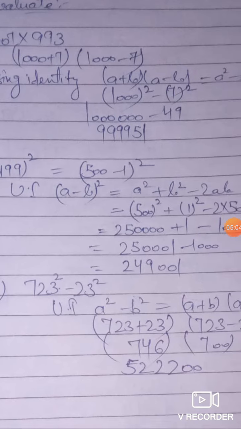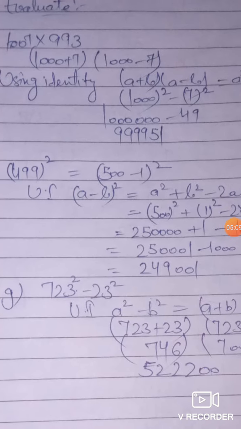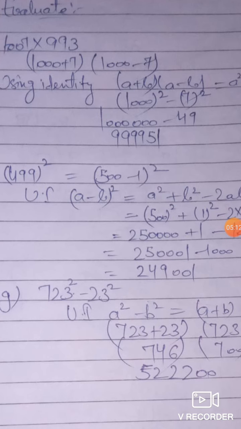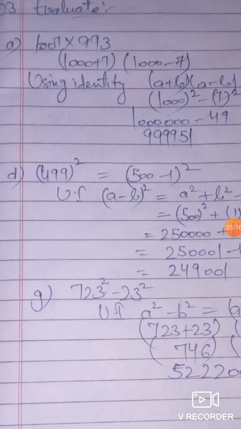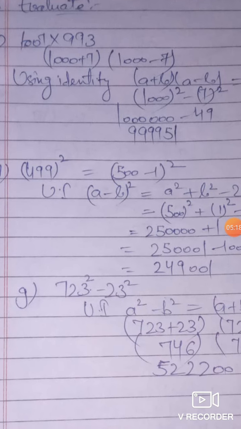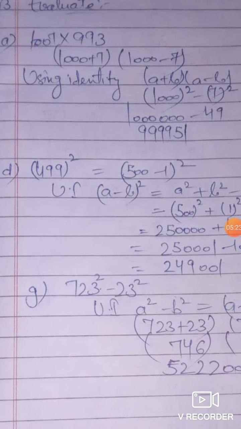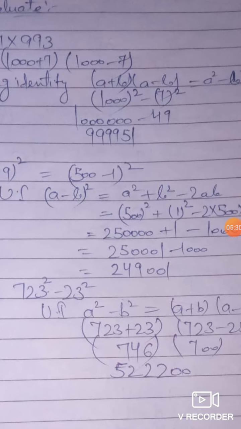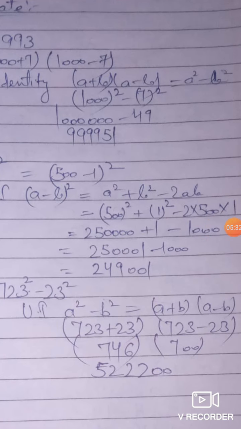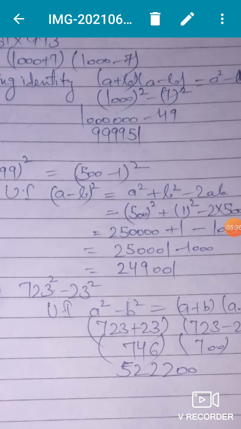Clear? One more, look: 723 square minus 23 square. So in this sum, what is there? One number squared is given, then a minus sign, then another number squared. That means there are two different numbers and there is a difference of their squares. So the identity that should come to mind is a square minus b square, because two different numbers a and b, their squares are given and the difference is taken.